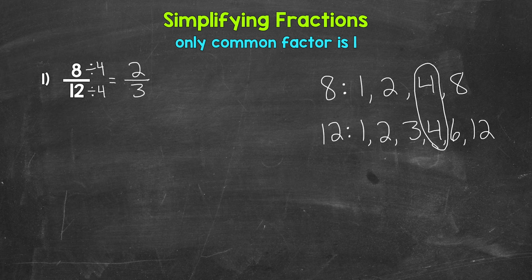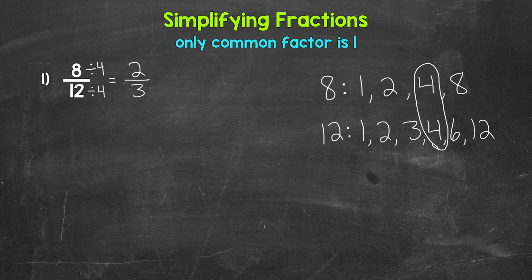So we end up with 2/3. The only common factor between 2 and 3 is 1. So this is in simplest form, and we are done. So 8/12 in simplest form is 2/3.